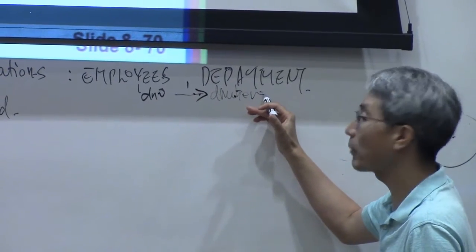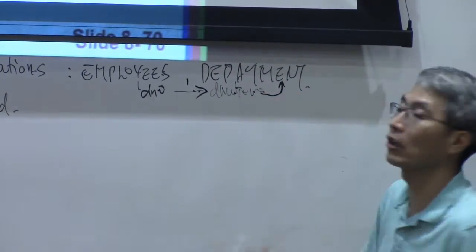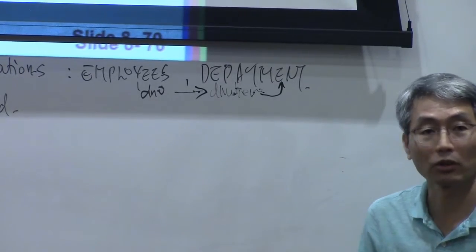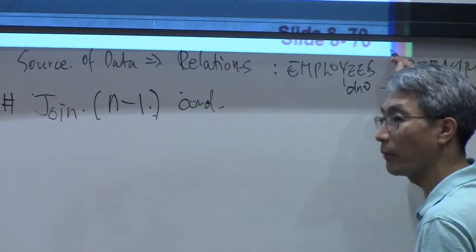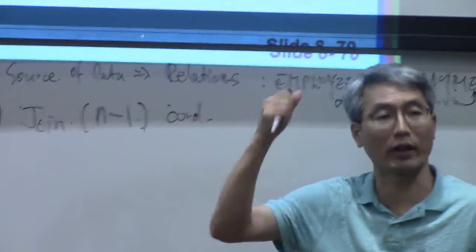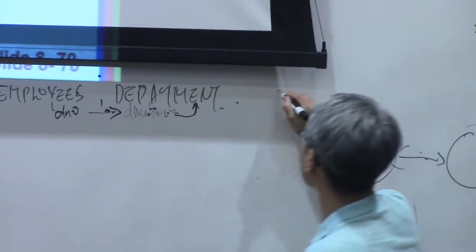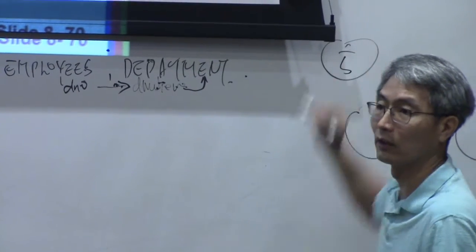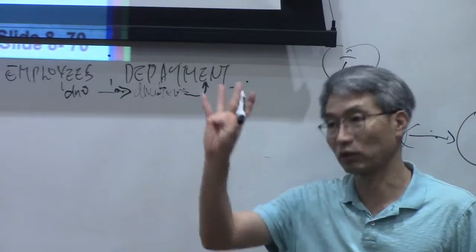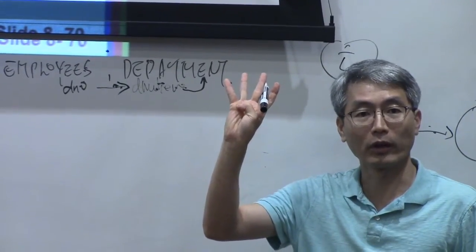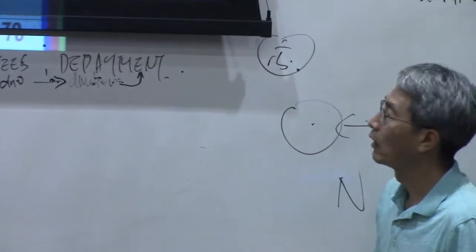Then using the D number primary key, we can find the department name. So this will be the join condition. We have 2 relations, 2 minus 1, 1. What if you identify 5 relations in the first step? How many join conditions? You need to have 4. Okay, always n minus 1.